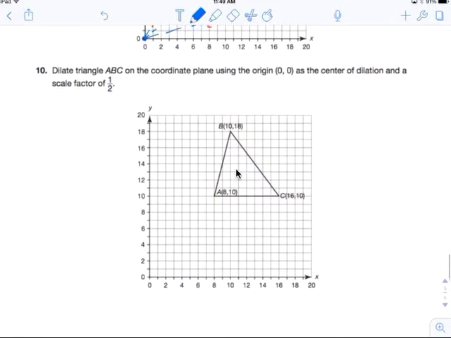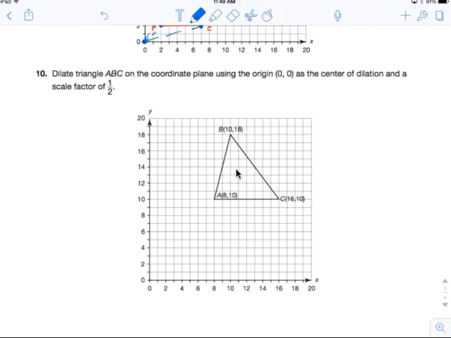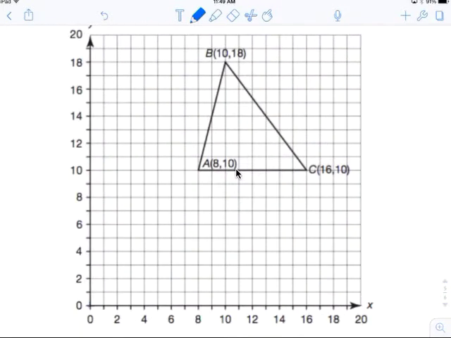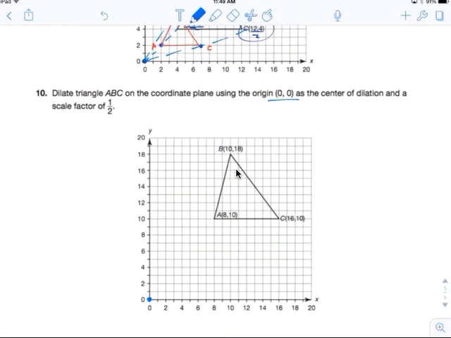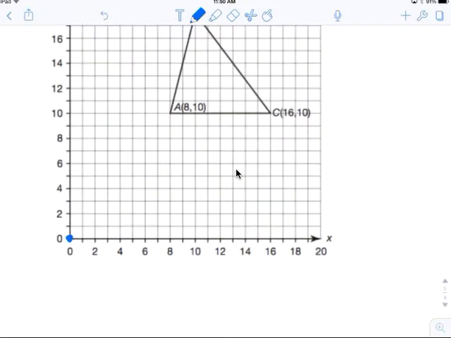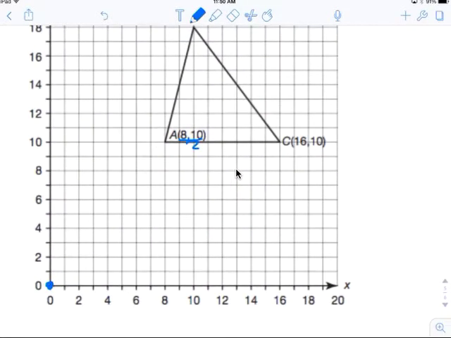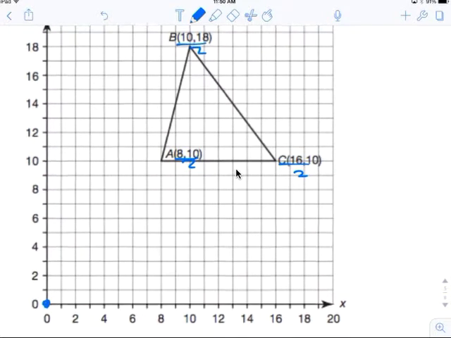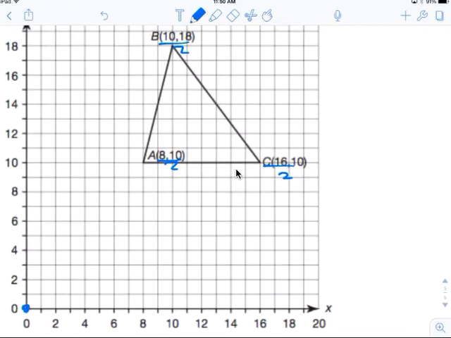Next, same thing, dilation of 0, 0. Origin's right here. Scale factor of 1/2. That means you divide all of them by 2. It's easier for me to write. A prime is 4, 5.